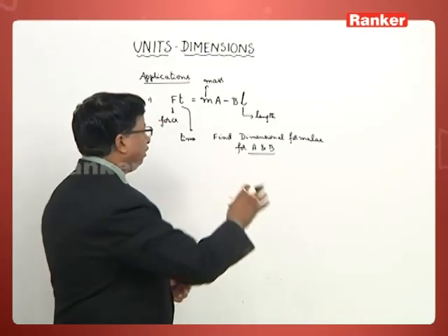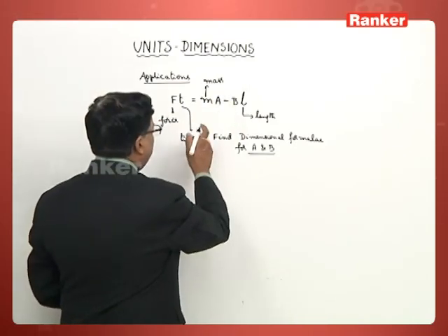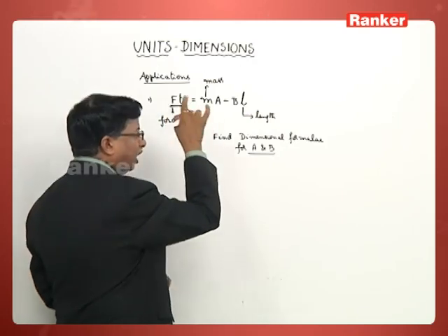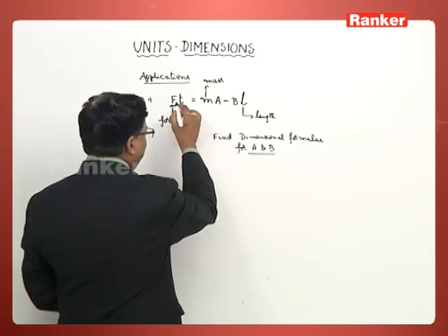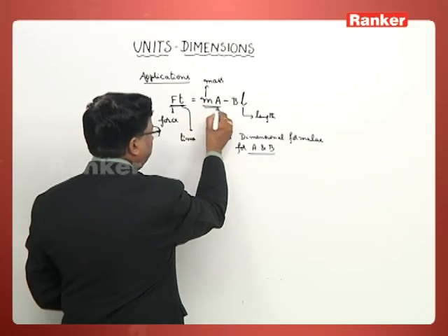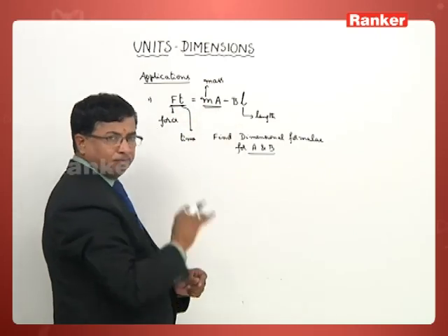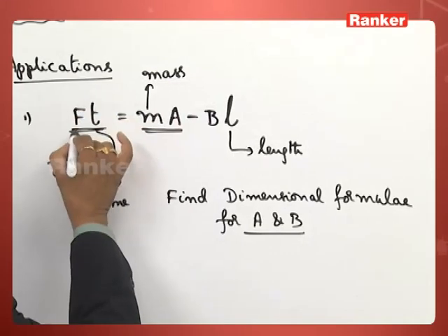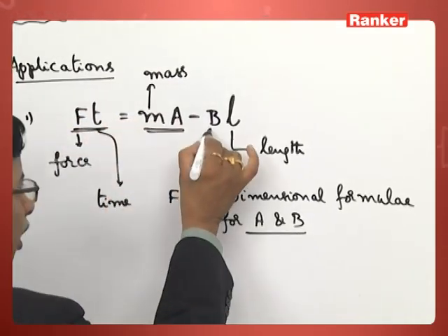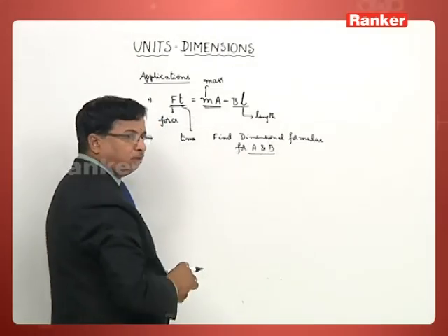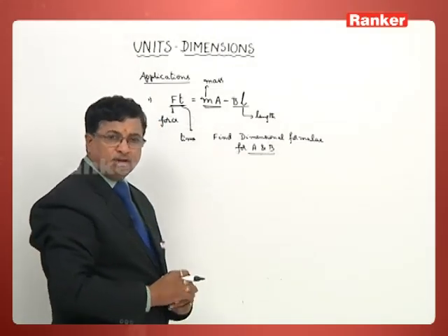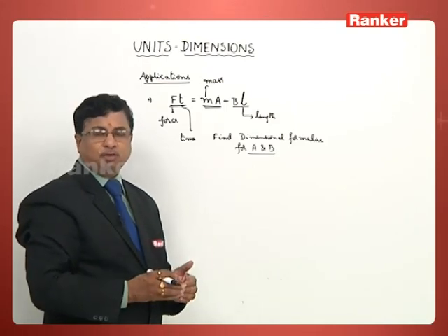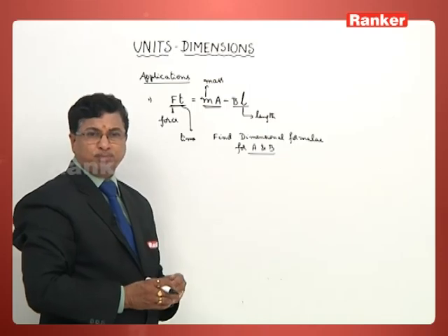Now exactly that logic when I apply here, whatever the dimensional formula F into T has, the same dimensional formula M into A should also have. Similarly, the dimensional formula of F into T must also be equal to the dimensional formula of B into L. That is the basic thing one should understand from the given equation.